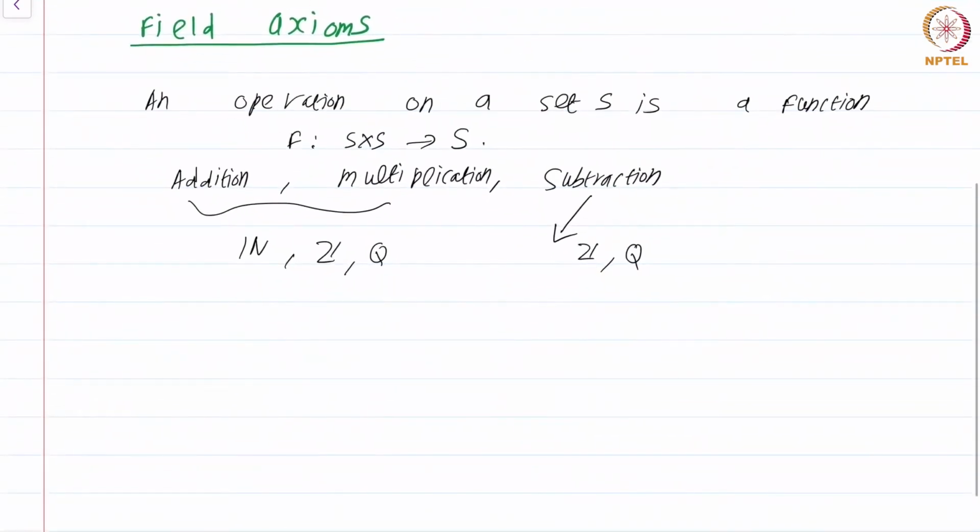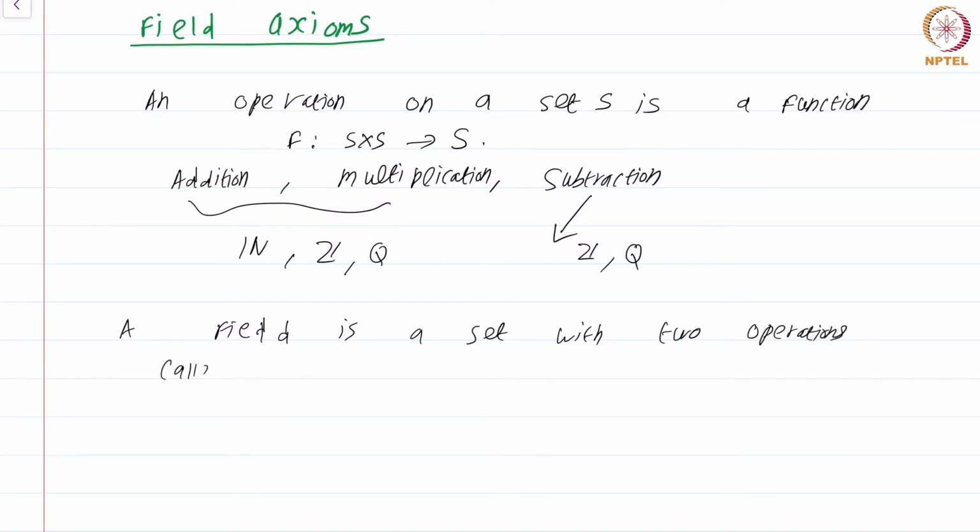Okay. So a field is supposed to be a set. A field is a set with two operations called addition and multiplication, which satisfy all the familiar algebraic properties.